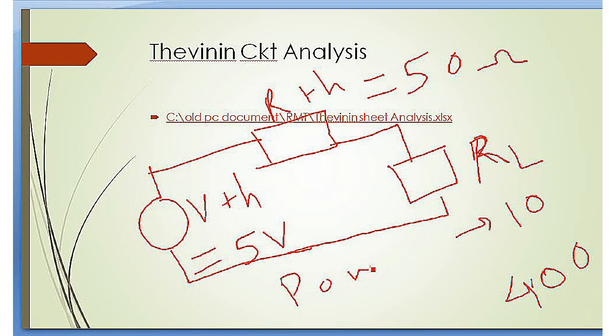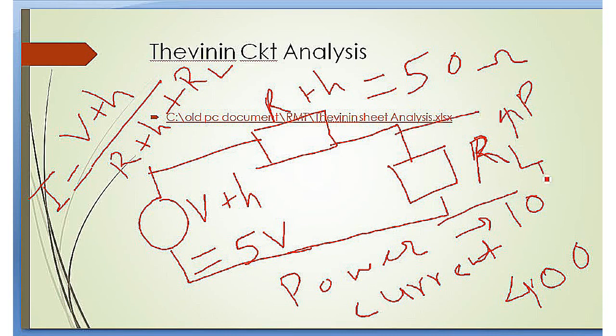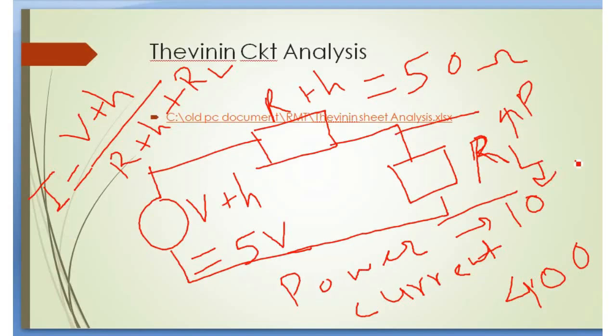So for these conditions, what is going to happen if you plot power graph and current? For current, this is a series circuit. So I is equal to VTH divided by RTH plus RL. And what is power? Power is equal to I square RL, because we are going to calculate power for this terminal.